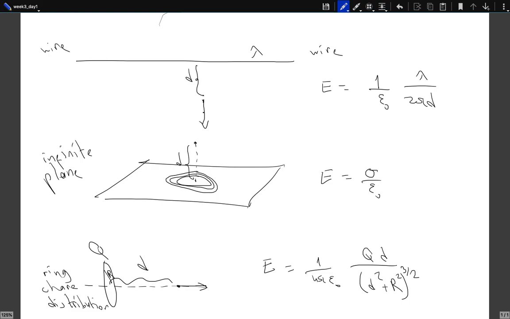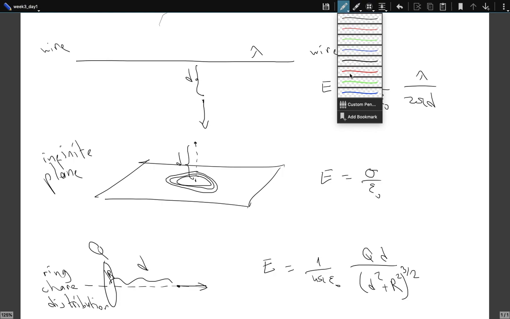Or, in fact, we could have also done something else, which would be a bit more complicated. That's why we didn't do it. We can imagine this plane as a set of infinitely many lines. We already know that result. We would use that result to calculate the electric field of one of the wires. We should get the identical result.